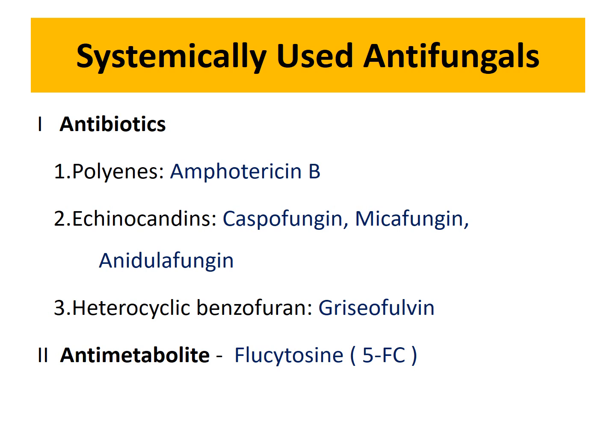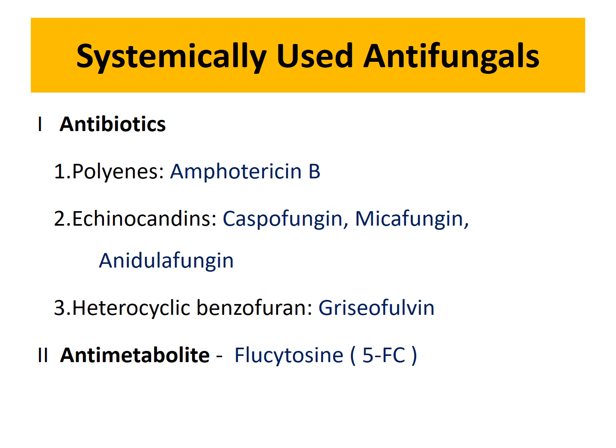Coming to the classification of systemically used antifungals. There are four types, which are shown in this page. Let me subdivide the antibiotics depending upon the chemical structure. They are divided into polyene antibiotics, echinocandins, and heterocyclic benzofuran.